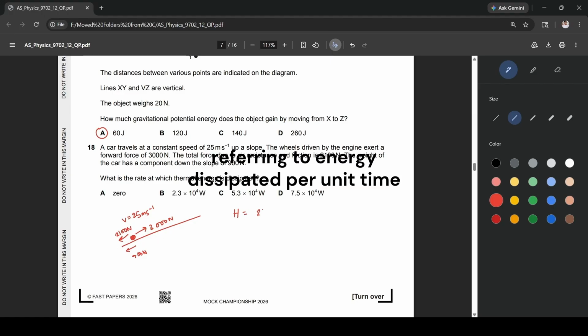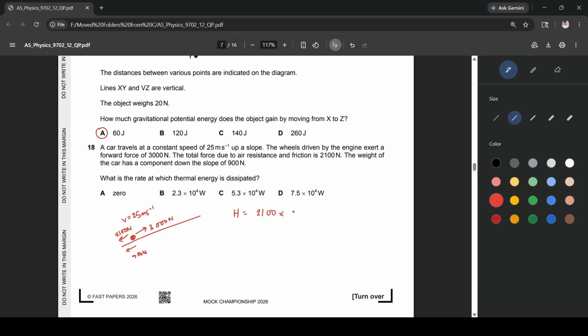The force 2100 times velocity 25 is equal to 52,500, which can be rounded to 53 times 10 to the power of 3. The answer would be C, 5.3 times 10 to the power of 4. 53 times 10 to the power of 3 is 5.3 times 10 to the power of 4.